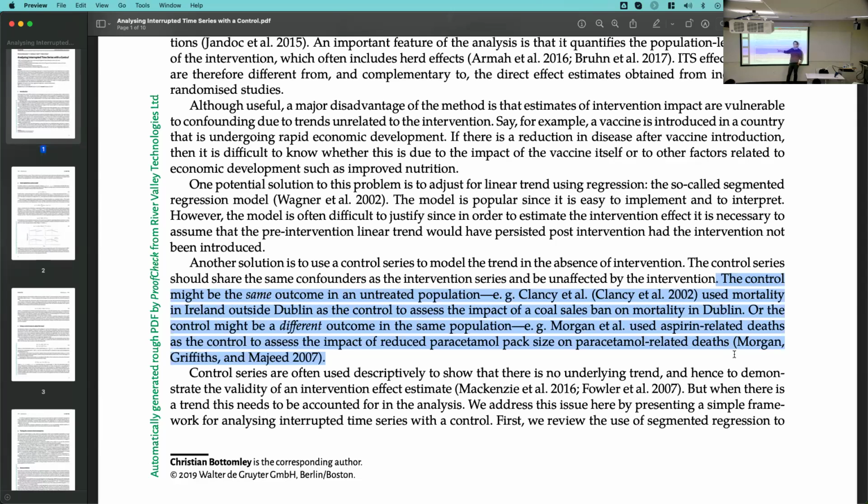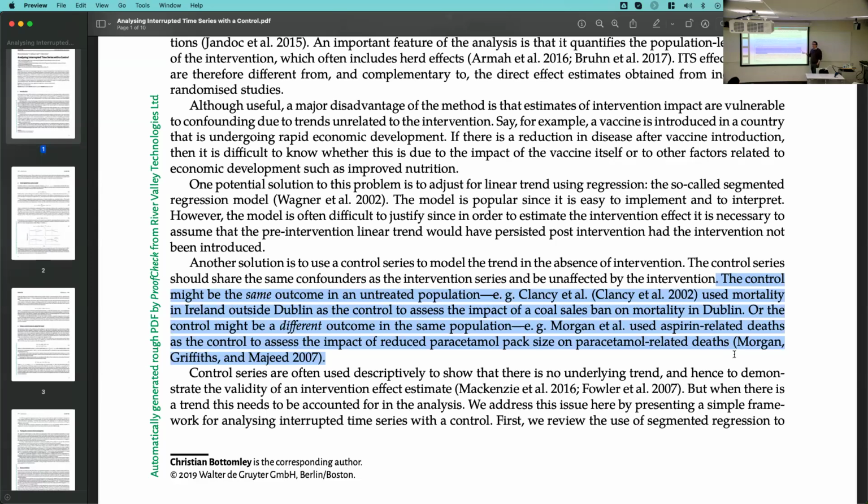Here I'm saying mortality in Ireland, outside Dublin, as the control to assess the impact of the coal sales ban on mortality in Dublin. So outside Dublin versus inside Dublin is the control here, and the outcome is the same.